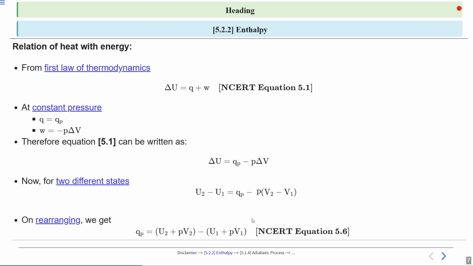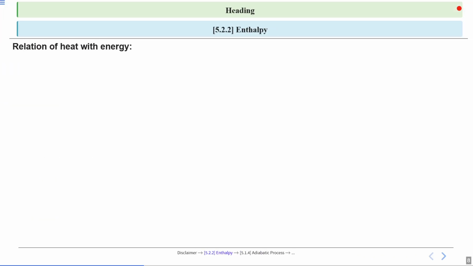Now what can we do with this equation? Is there anything that we have seen similar to this equation? Yes. What is that equation? That equation is of enthalpy. So how can we write it? We know that H is equal to U plus PV.